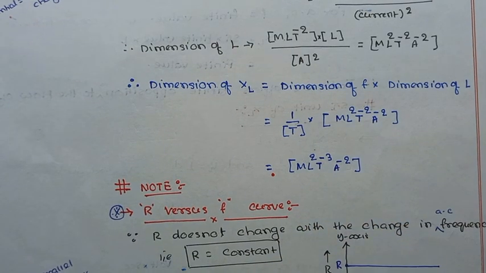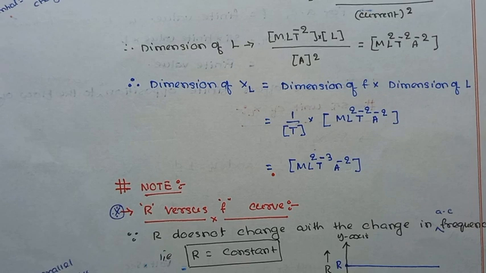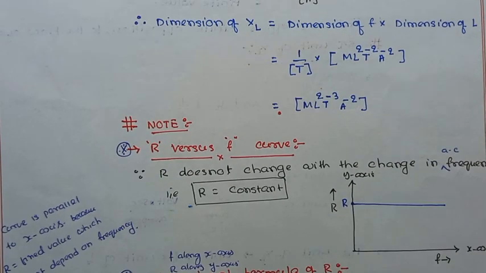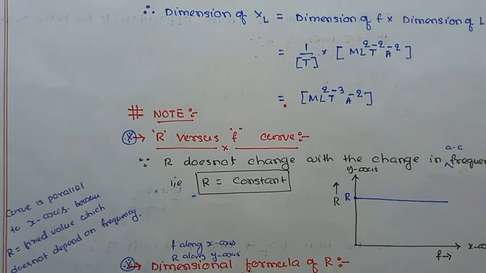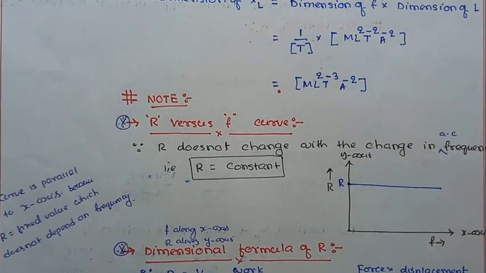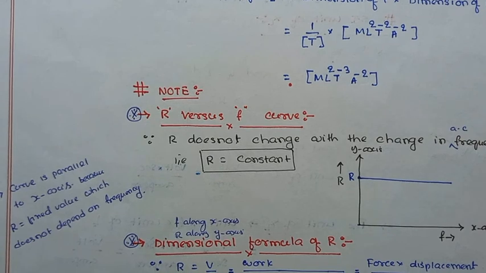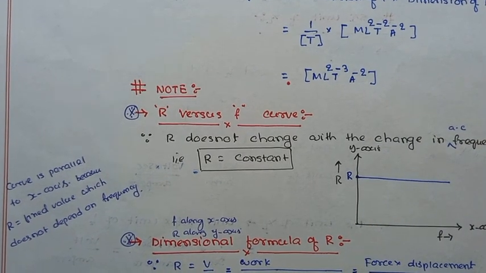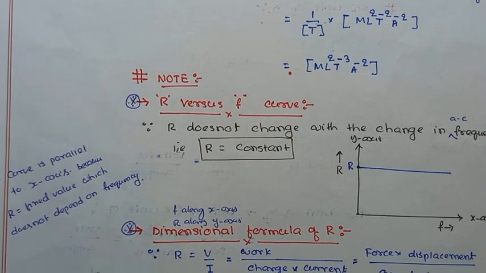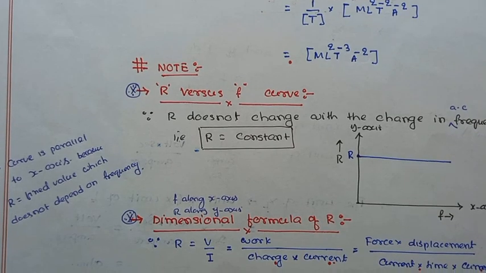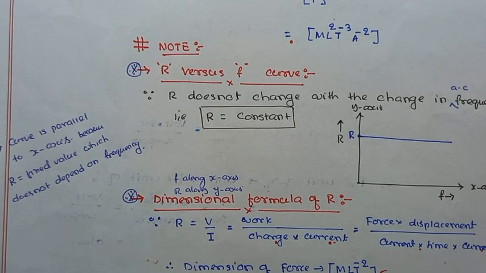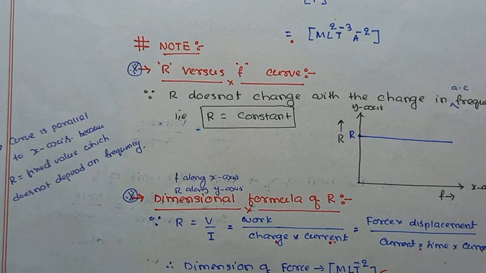ठीक है? अभी note. First now we'll draw the R versus F curve. हम सबको पता है R does not change with the change of AC frequency. That means R is constant, that is some fixed value which does not depend on frequency.